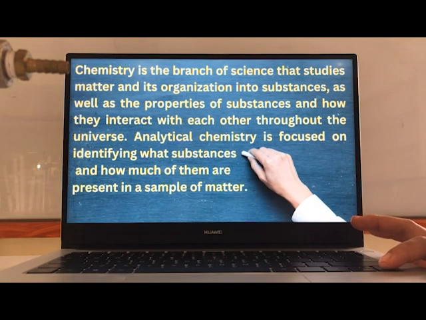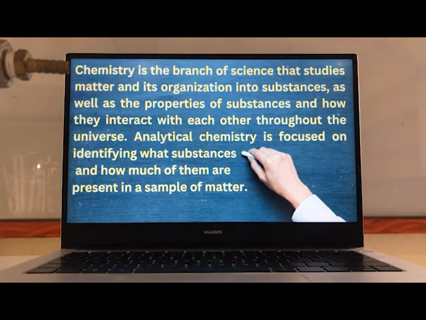Next. Chemistry is the branch of sciences that studies matter. Naingon naman ako ganina, no? And its organization into substances, as well as the properties of substances and how they interact with each other throughout the universe. Sa chemistry, dili lang na siya only pure substances.